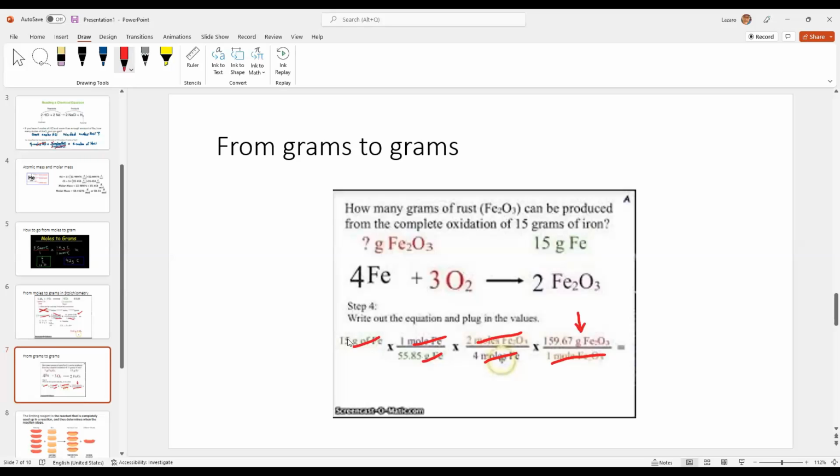You multiply 15 by 1, by 2, and by this big number, and then you divide by this number, and the result by 4, and you get the mass, the grams of the iron 3 oxide.